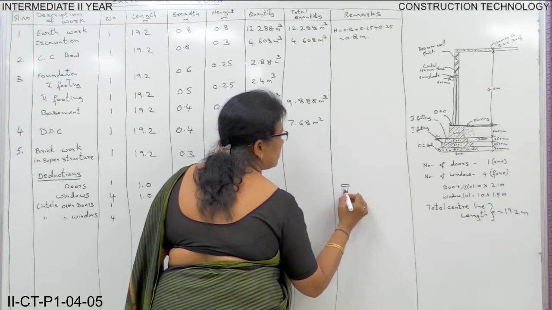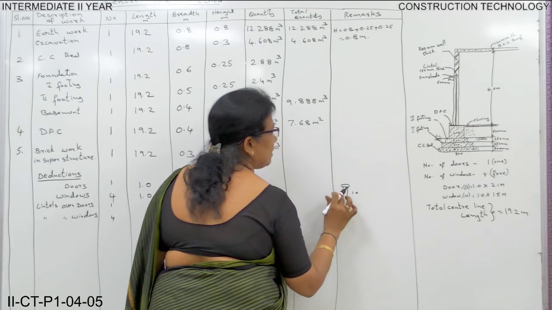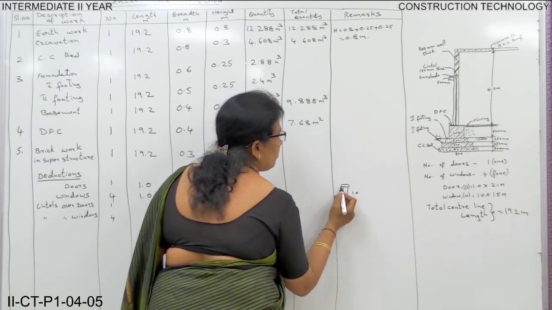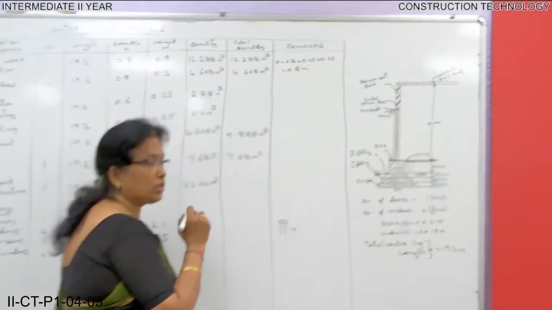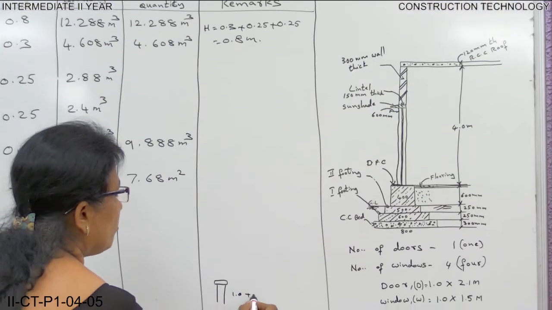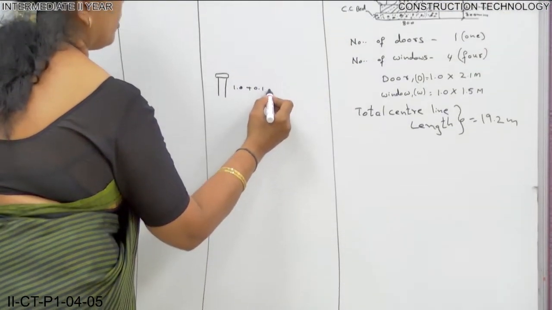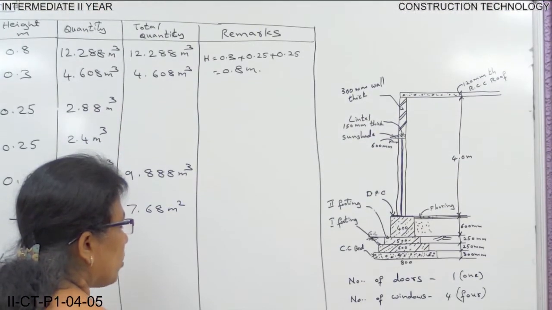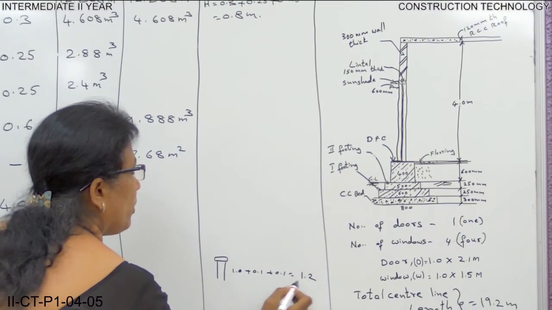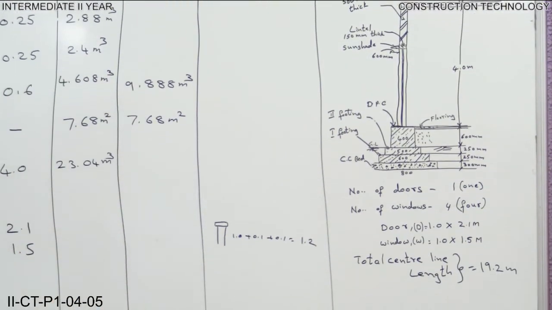If 1 is the length of the door, then 0.1 projection on this side and 0.1 projection on this side, 0.1 plus 0.1, that is 1.2. Whether doors, windows or ventilators, for everything projections are given.